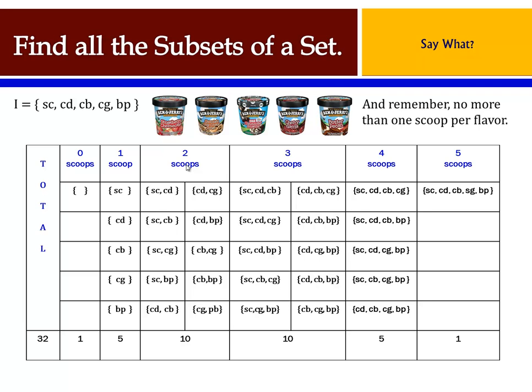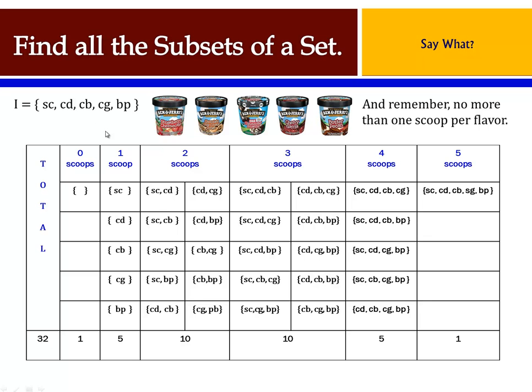That's considered a choice. And then you could just choose 1 scoop of each of the ice creams. And so I've written the sets with just 1 element in each set. The first one, just the strawberry cheesecake, and then the chocolate chip cookie dough, and then the cheesecake brownie, and then the cherry Garcia, and then the butter pecan.